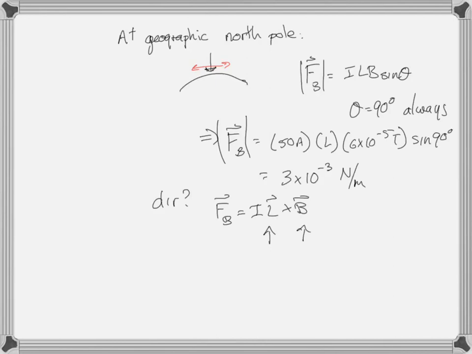So since the magnetic field points down towards the ground, the direction is always going to be parallel to the ground, but it's always going to be perpendicular to the wire. You can't even talk about east, west, north, south because we're at the North Pole. But whether it's left or right depends on which direction the current runs. Okay, so that's the full answer to the original question.